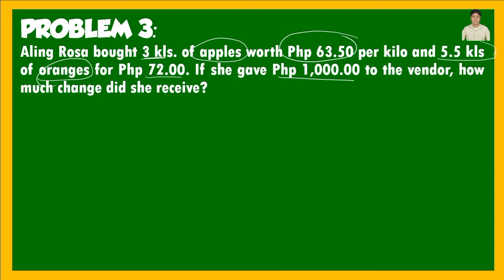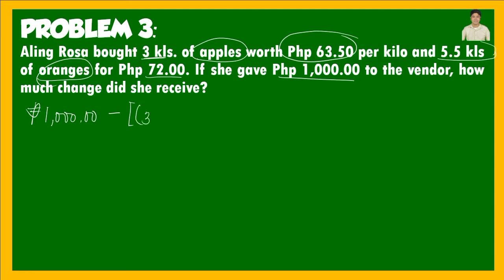So, yung kanyang number sentence, syempre, mauuna po yung kanyang perang binigay, which is 1,000 pesos, minus, kailangan nating maglagay ng grouping symbols.